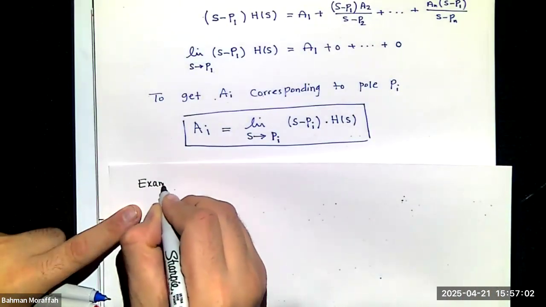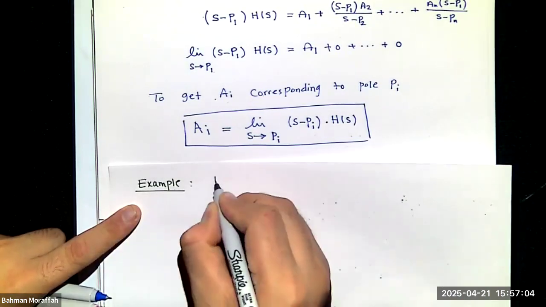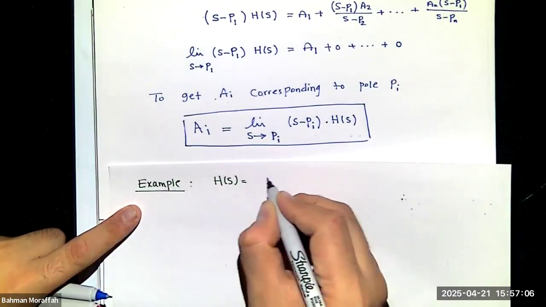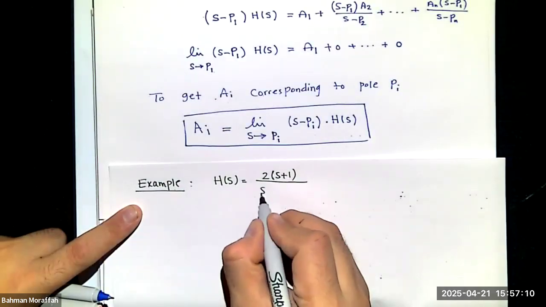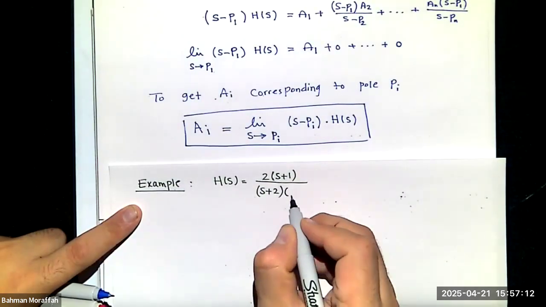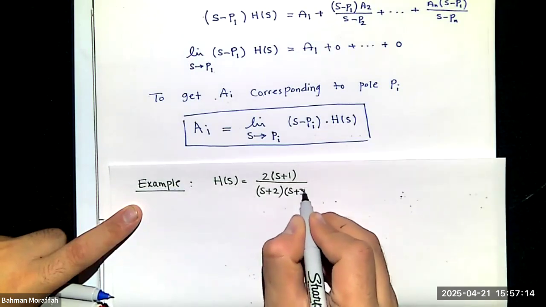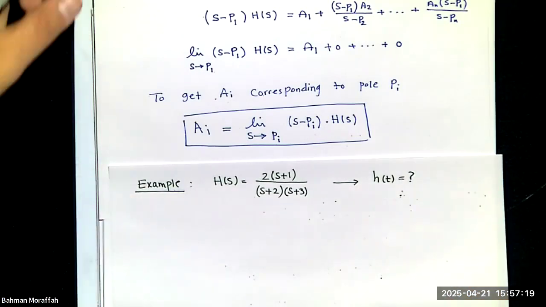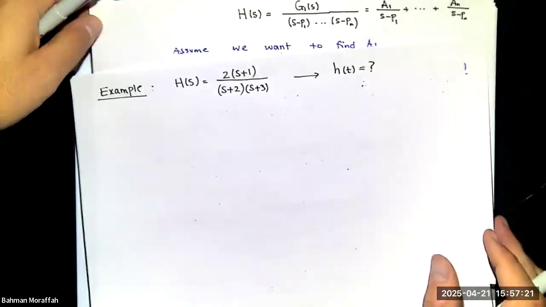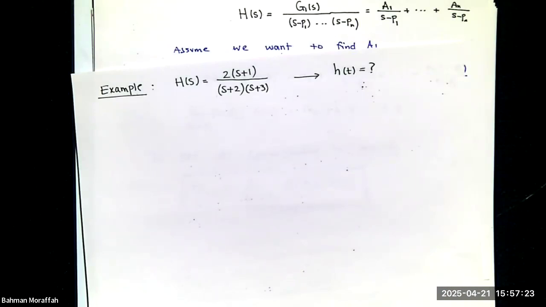Example. Let's say H(s) is 2 times (s plus 1) divided by (s plus 2) times (s plus 3). The question is, what is h(t)? Look at the poles. The poles are at -2 and -3. There is no repeated root.